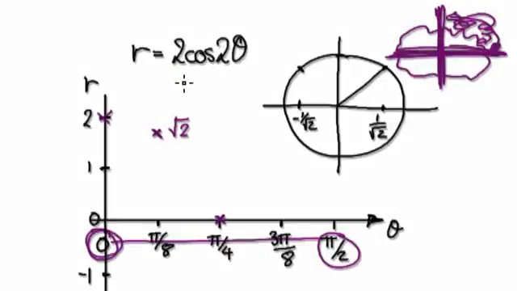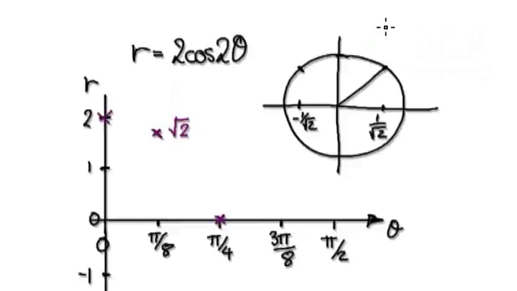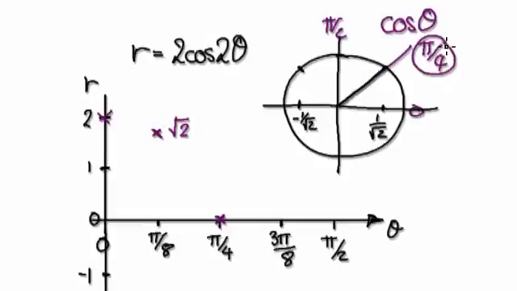Remember that when you work with cos theta, it's always easy to work in terms of 0, pi over 2, and pi over 4. Pi over 4 is easy to evaluate.